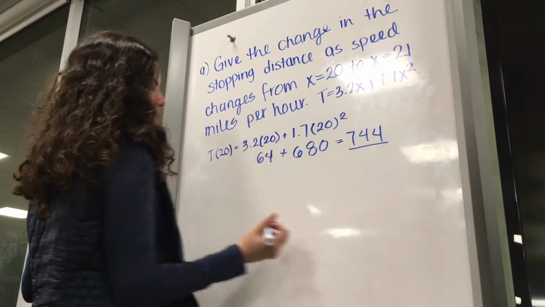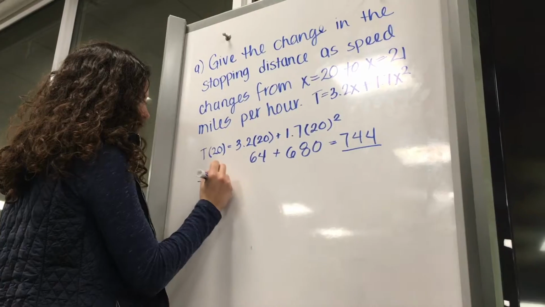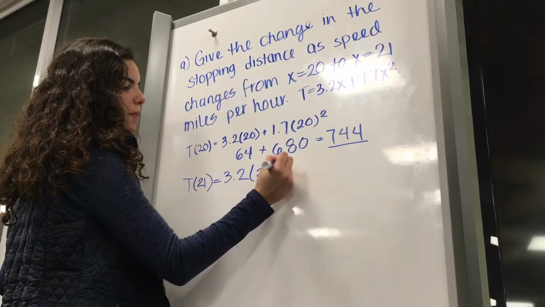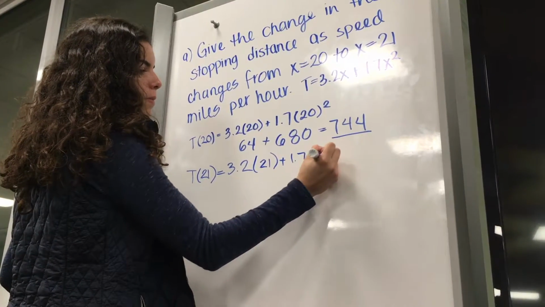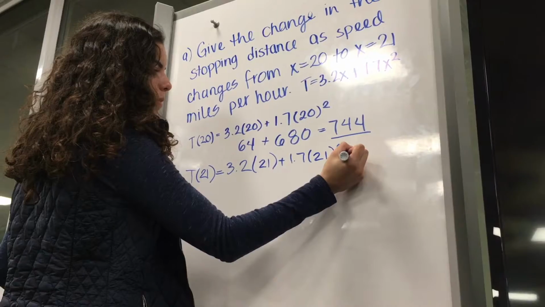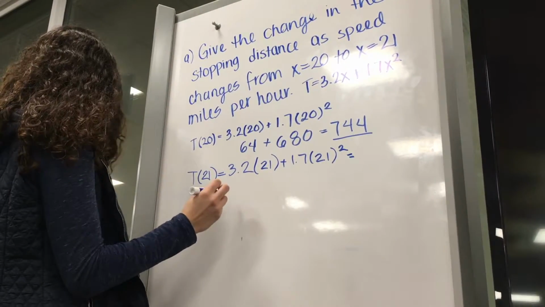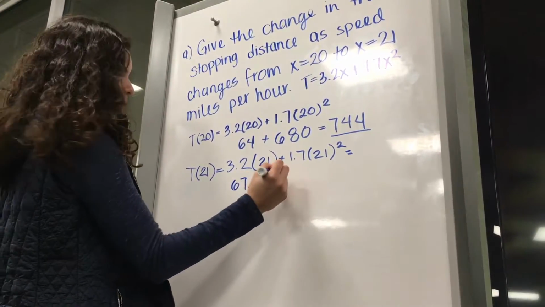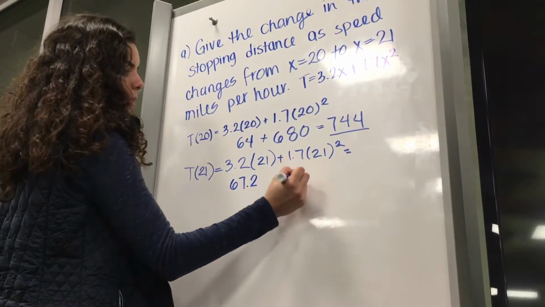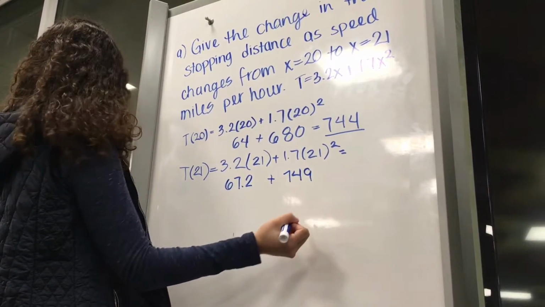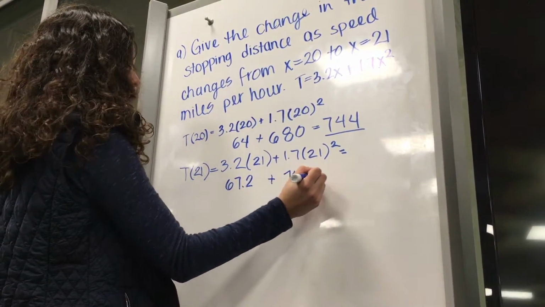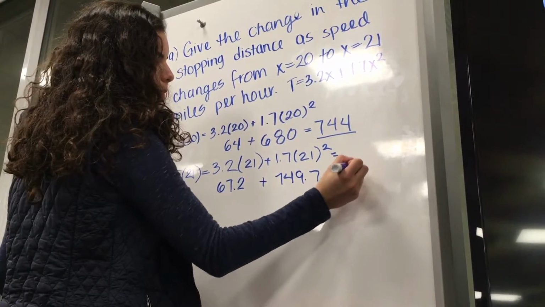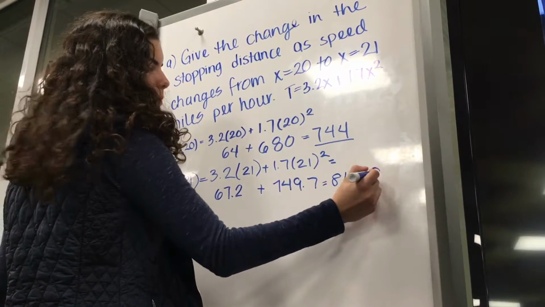744. Then we plug in 21 as the speed, again in the same equation, to find the stopping distance when the speed is 21. 3.2 times 21 plus 1.7 times 21 squared. 67.2 plus 749, which gives us 816.9.